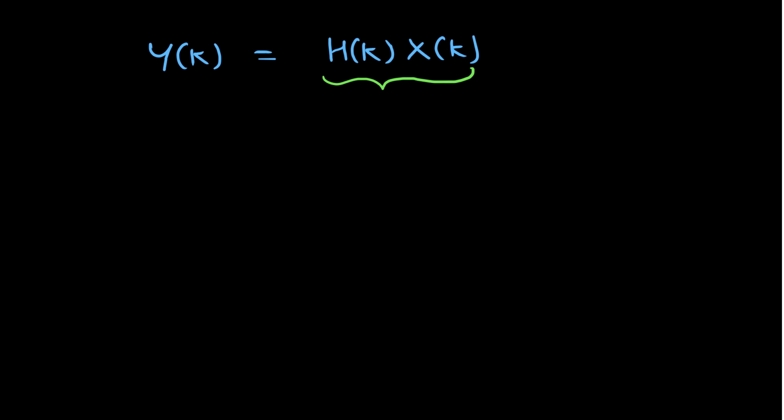So we want this Y of k to be equal to H of k into X of k, and we have seen in the previous lectures that this multiplication in the DFT domain, if we take its inverse, results in circular convolution in time domain.